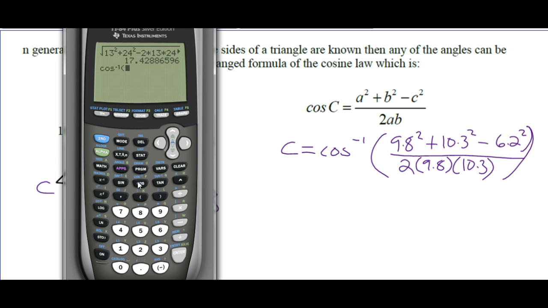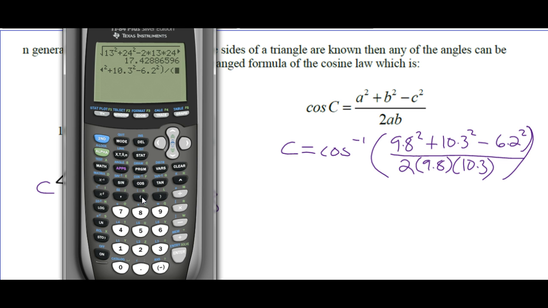So we need to put brackets, so it's cos inverse brackets, and I got to do the top. So 9.8 squared plus 10.3 squared minus 6.2 squared, close the bracket, right? So I said do the cos inverse, and I've given you this expression which I put in brackets. Then you say divided by, and we put the bottom in brackets, right?